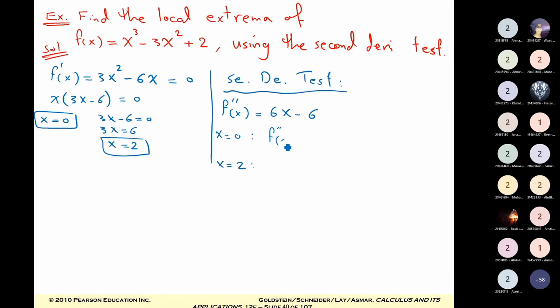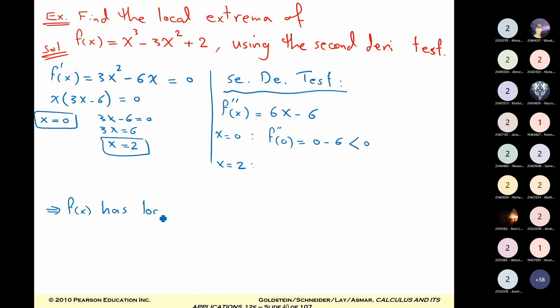F double prime at 0 equals 0 minus 6, so we have less than 0, negative. Now we can conclude at x equals 0, maximum or minimum? Focus. This is f double prime. If we have negative in f double prime, we have a maximum. Good.